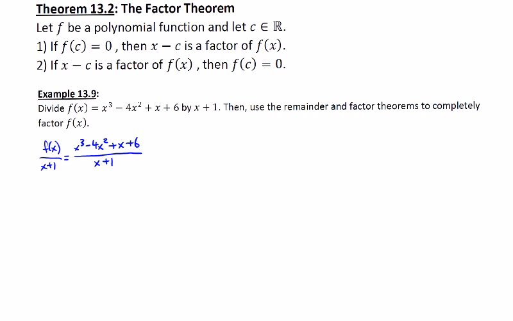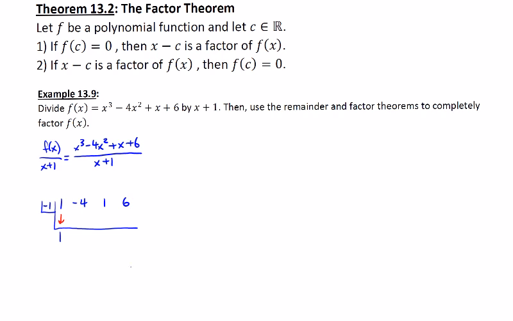So we're going to set up with 1, -4, 1, and 6 to represent the dividend. And then we're going to use -1 to represent our divisor. We will bring down the 1 and begin the process.